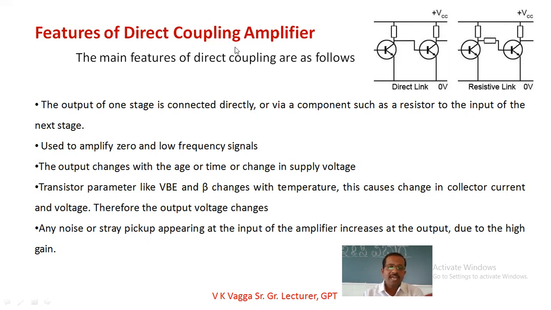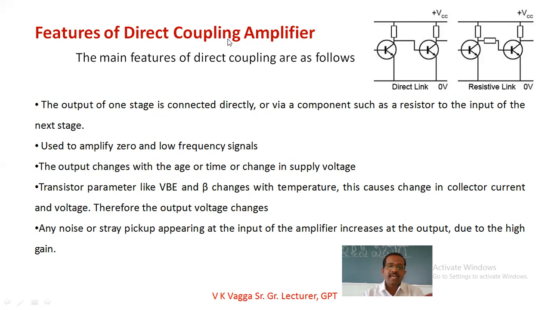In direct coupling, the voltage VBE and the beta change with temperature. If these two parameters change, the collector current changes, and the output voltage changes. Any noise or stray pickup appearing at the input of the amplifier increases at the output due to the high gain.